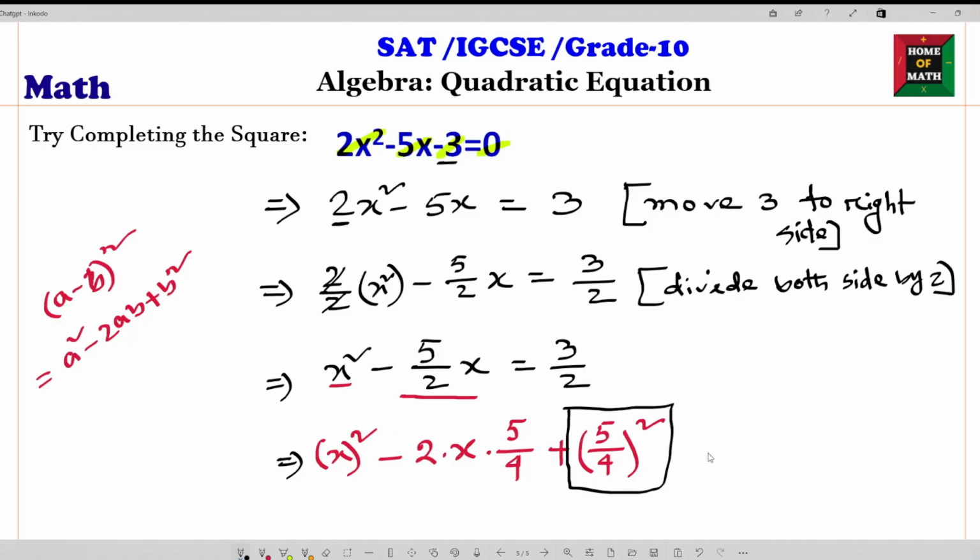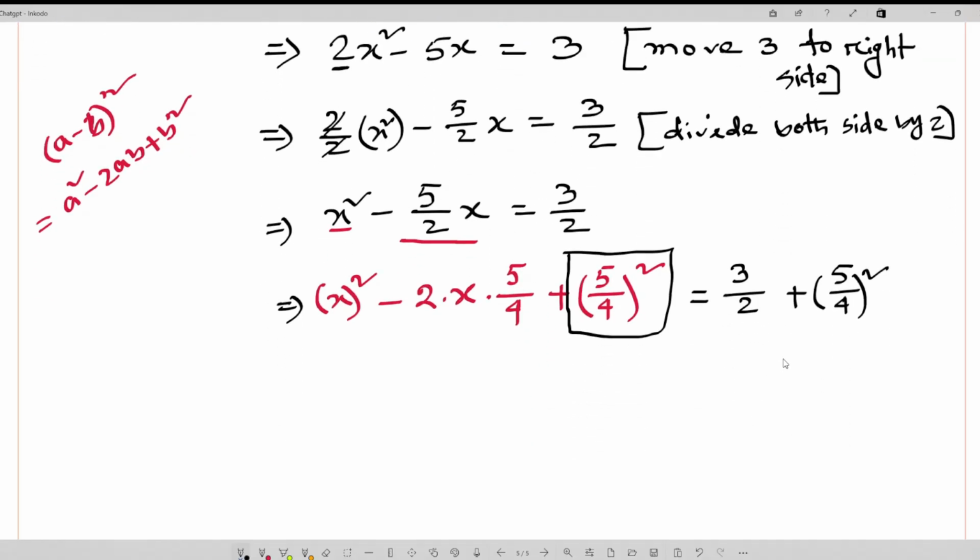So we can add 5 divided by 4 whole square to both sides, so 3 by 2 plus 5 by 4 whole square, right?